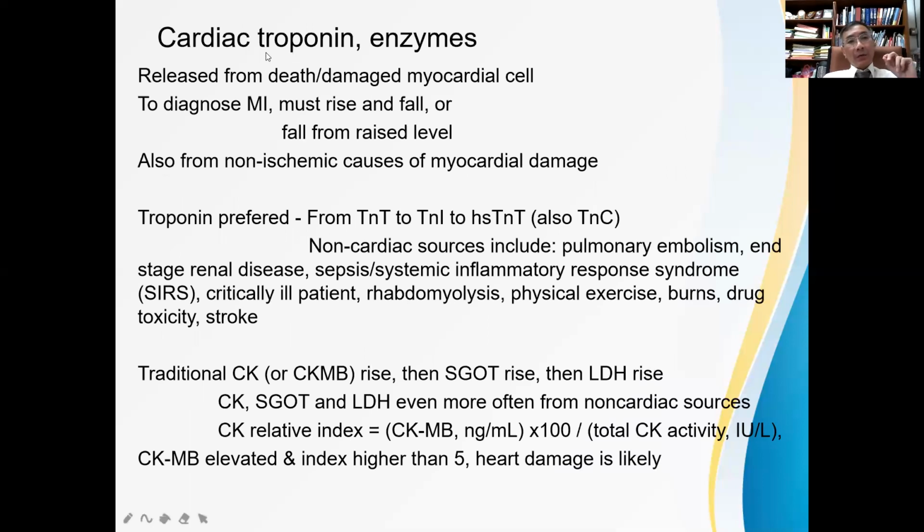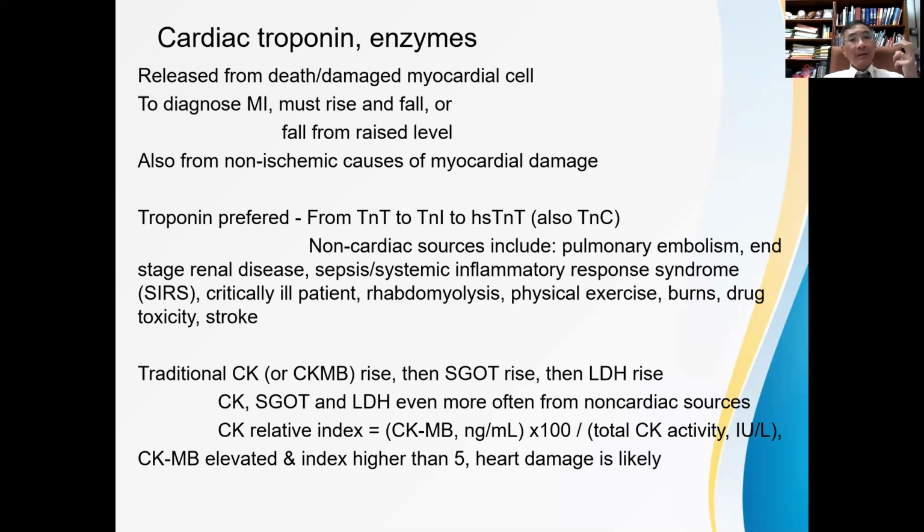Now, it is also useful in the appropriate patient to look at the cardiac troponin, which are cardiac enzymes. There are other cardiac enzymes, and when you look for cardiac enzymes, it is because you are interested in finding out whether there has been death or damage to the cells in the heart.